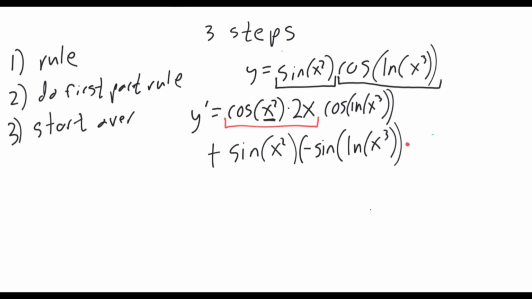Well, the inside is ln of x cubed. So I ask myself again, overall, what do I have? I have the natural log of stuff. And the derivative of natural log of stuff will always be the derivative of the stuff, that's 3x squared, divided by the stuff, which is x cubed.